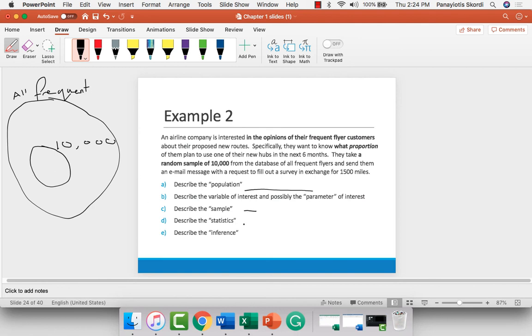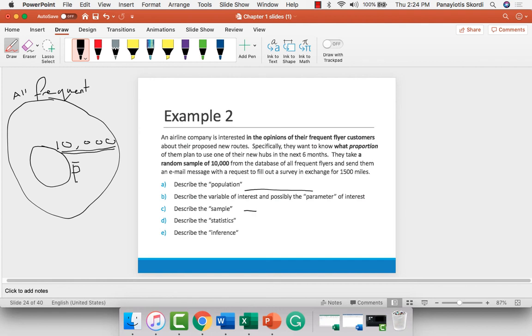And D, describe the statistic. Now the statistic is any value that refers to a sample. So that is a statistic. In fact, the sample size is a statistic, but the one that they really want right here is the sample proportion. Now the sample proportion is a P with a bar on it.